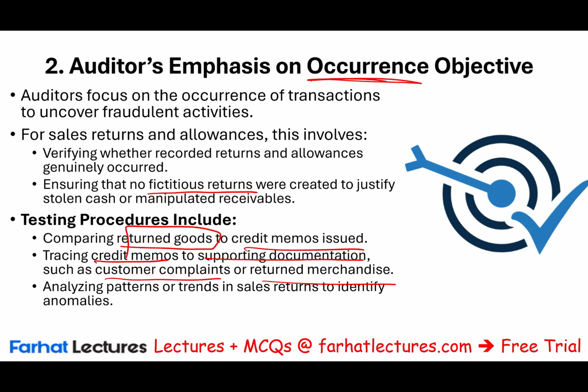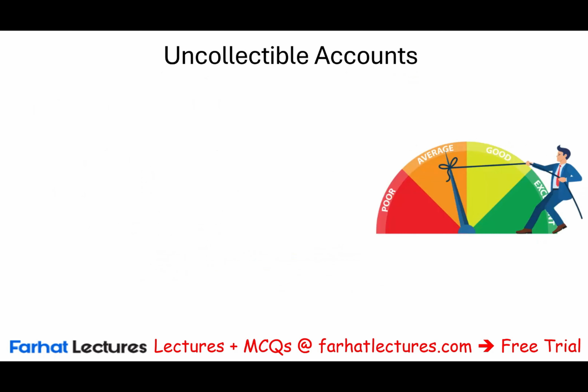Why is one manager experiencing 3 times the amount of returns of the other managers? This is what you will do by analyzing patterns or trends, and we'll talk about analytical procedures later on to look at these anomalies to help you zoom in on something unusual happening. This is about sales returns and allowances.